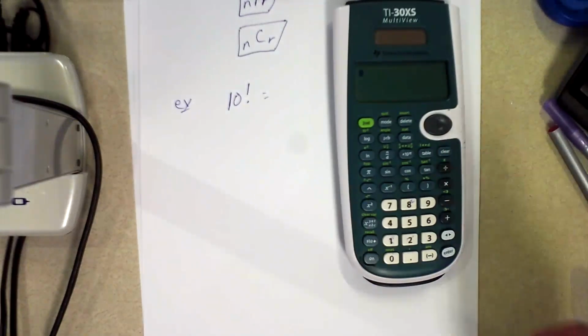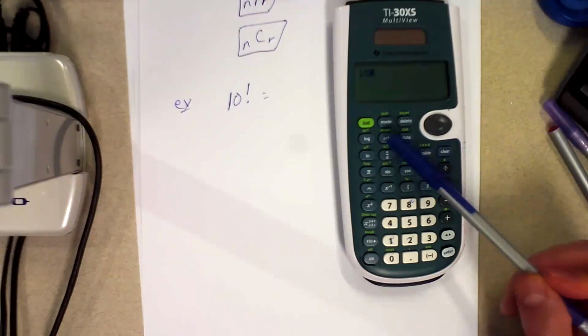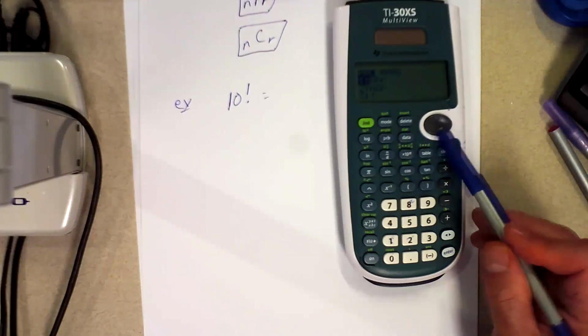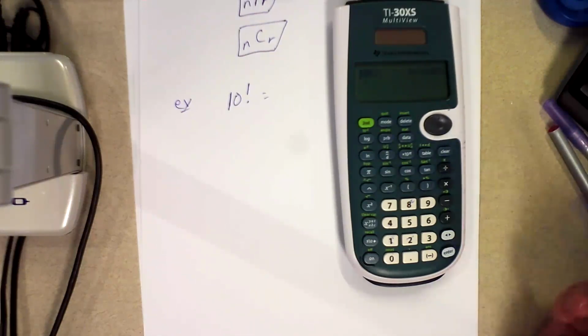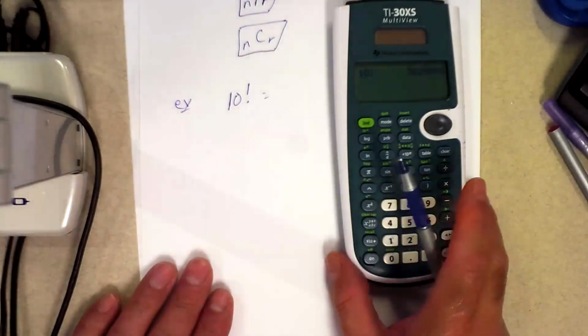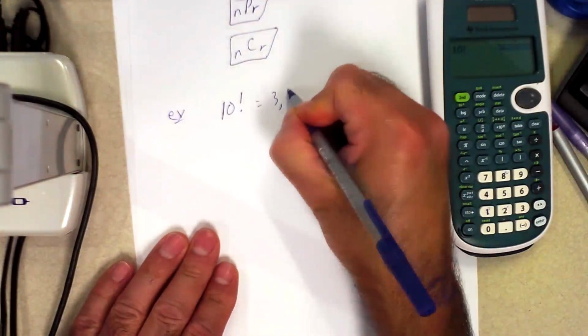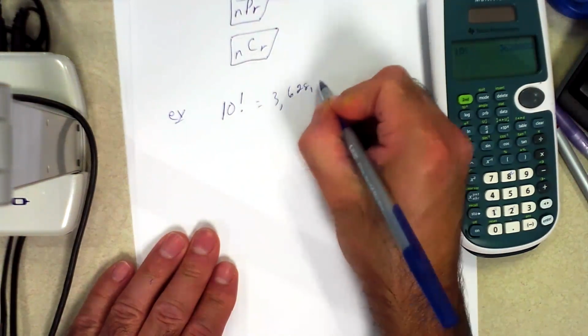You have to type in the number first, then the function. PRB, that is the third option. Oh, I got a huge number. 3,628,800.